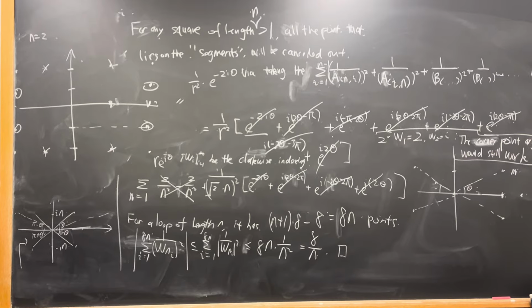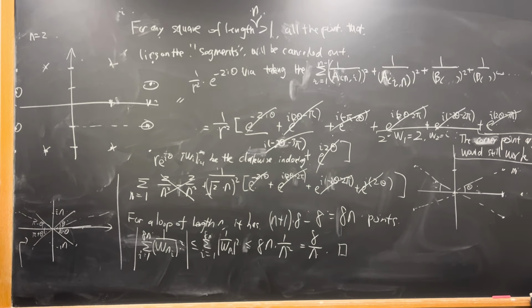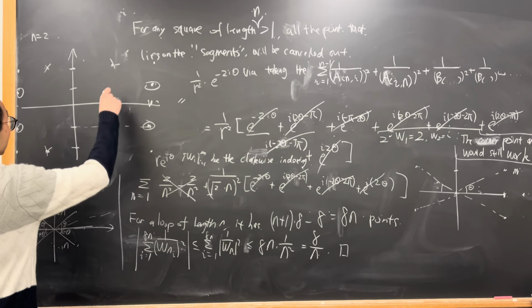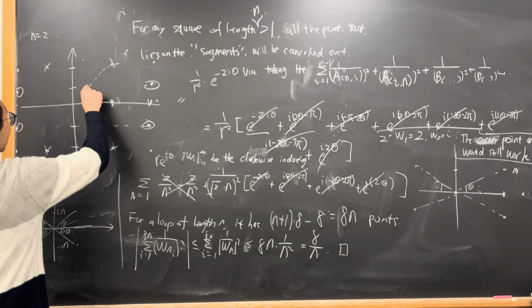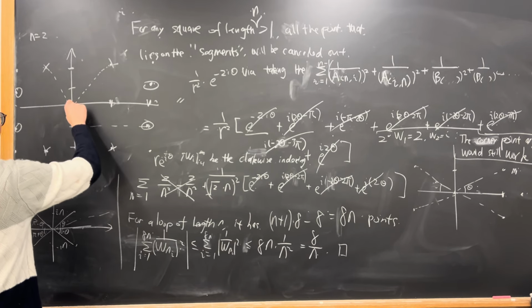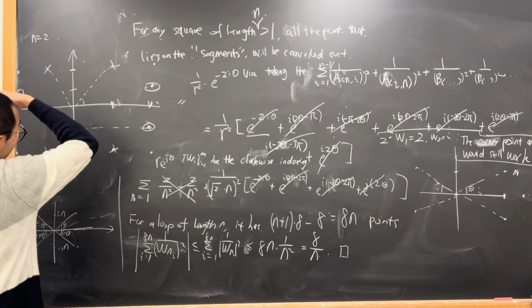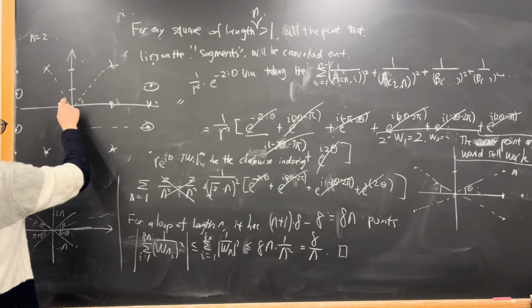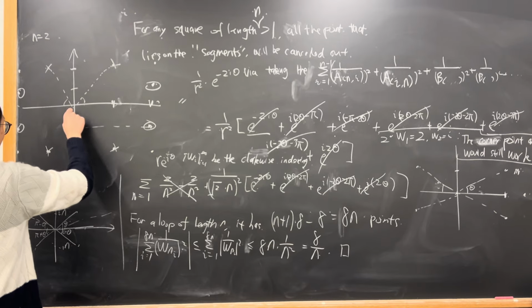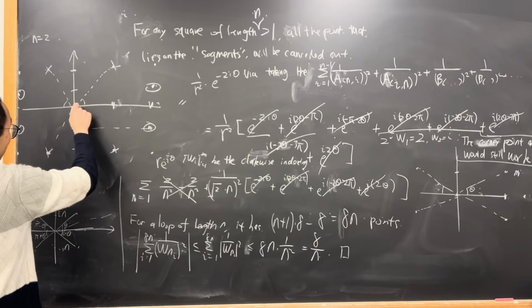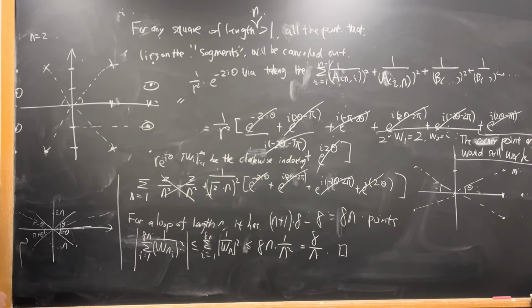Yes, so they are exactly the same point, because you think of this angle. This angle is theta, then pi minus theta, right? And then this one. Okay, so they cancel out.